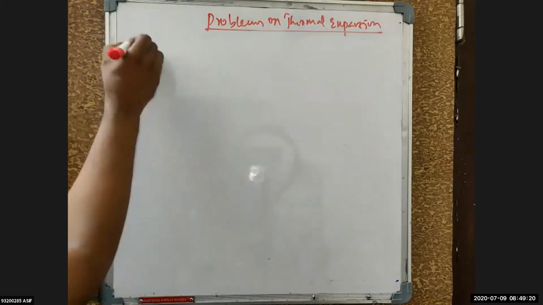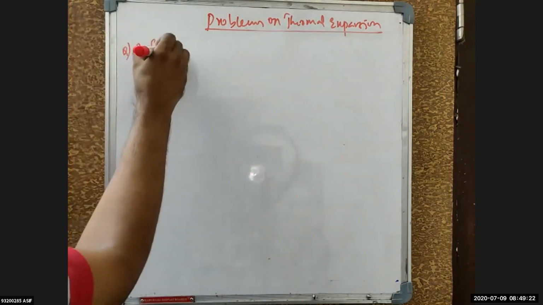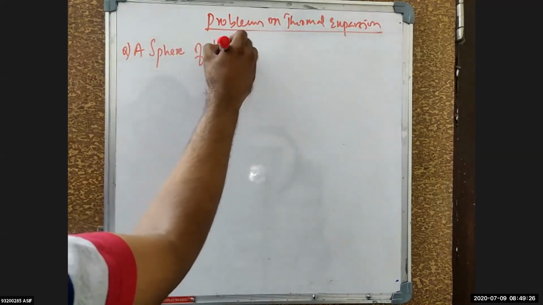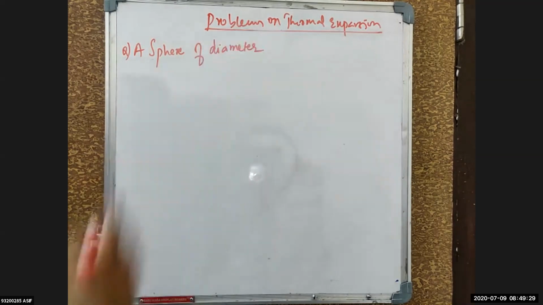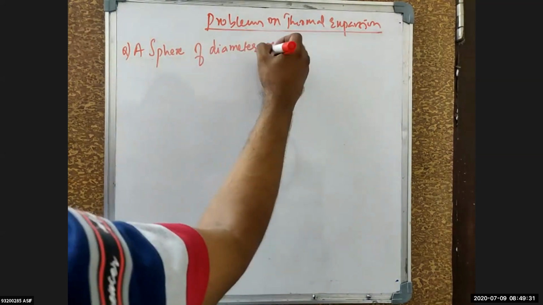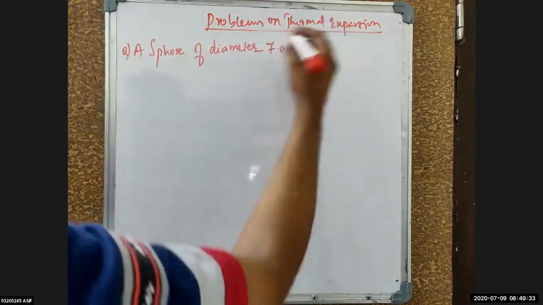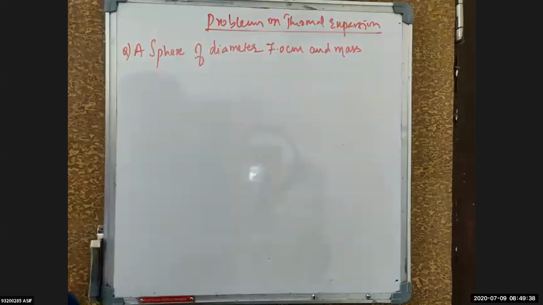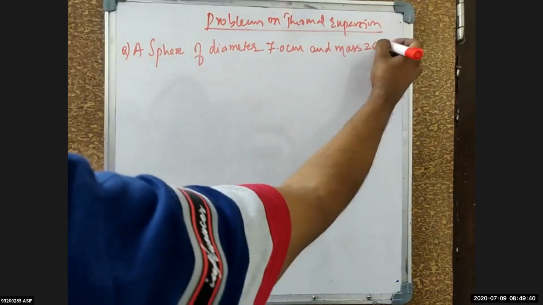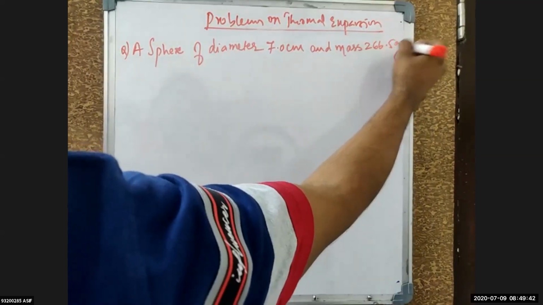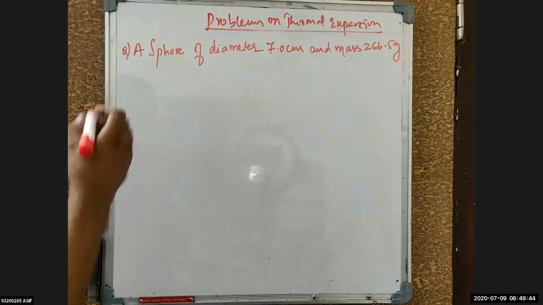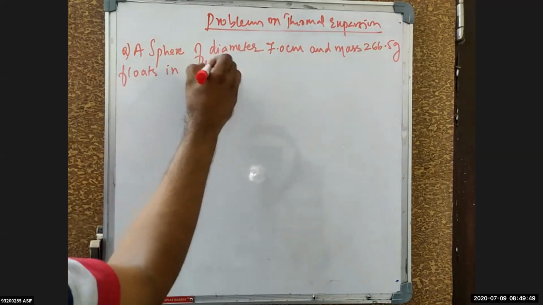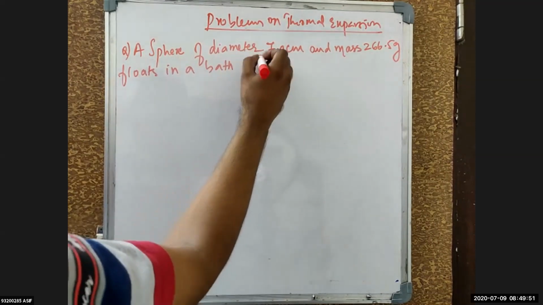Take this question, beta. Next question. A sphere of diameter 7 centimeter and mass 266.5 gram floats in a bath of liquid.